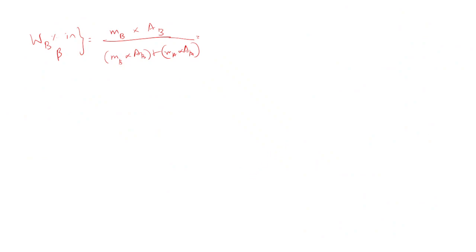So what we will be getting is MB times AB divided by MB times AB plus MA times AA.